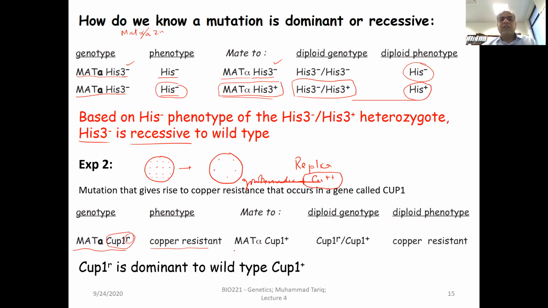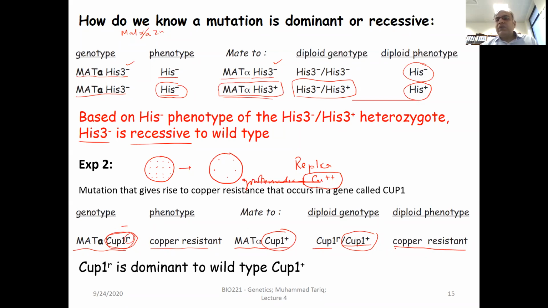This phenotype, you cross it with, let's say, MET alpha, and the mutation is still resistant. This plus means wild type allele. CUP1 plus means wild type, and this one is the resistant allele, which means minus.